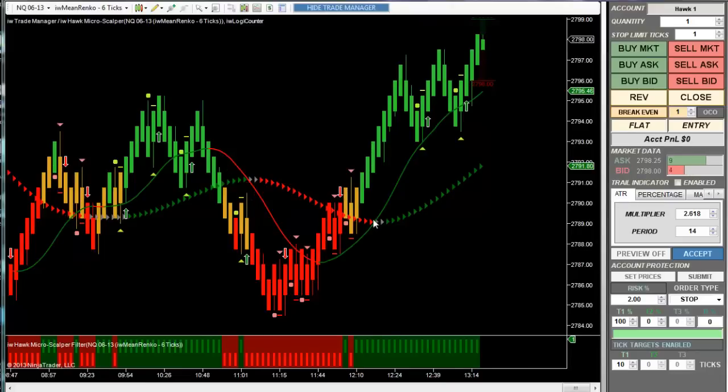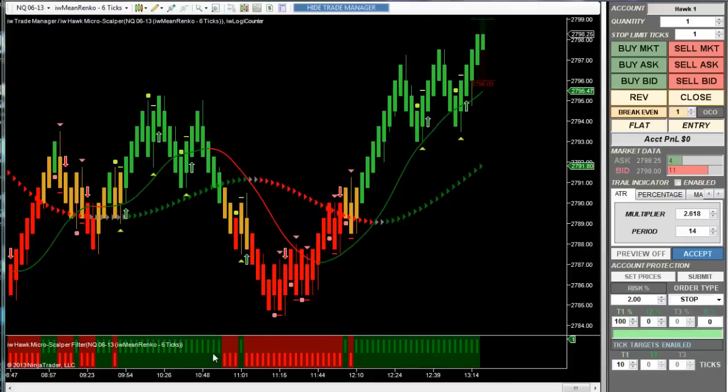Now it's green again. And our macro as well is changing from red to gray to green to gray to red to green. So it's all over the board. Lastly, our filter is also very choppy. You can see it's changing quite a bit here. It's neither bullish nor bearish.